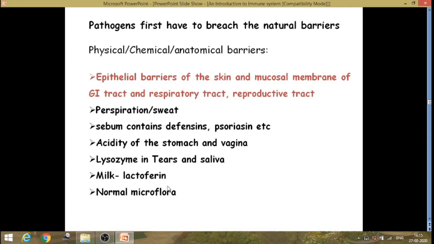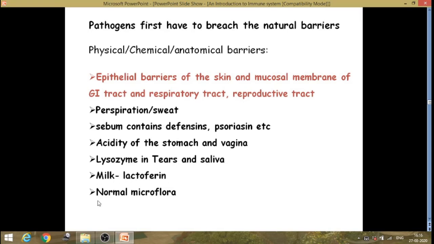Lactoferrin is a potent antimicrobial compound. It is effective against bacteria, viruses, as well as fungi. Colostrum, the first milk of the mother, is rich in lactoferrin.